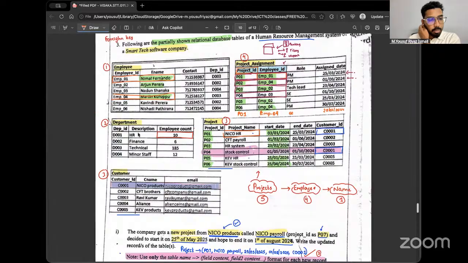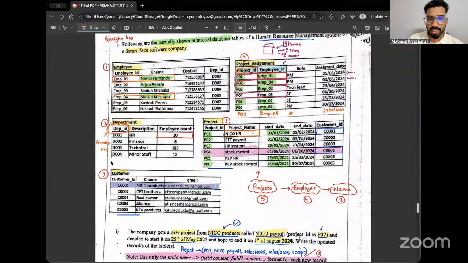Go through the department table and tell me, in the department table, who do you think is the primary key? Perfect. In the department table, the unique field we're going to have is the department ID. The primary key is this. Similarly, go to the customer table and tell me, what is the primary key we have in the customer table?